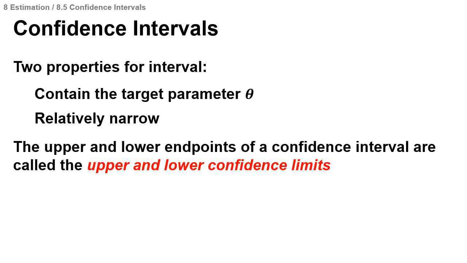Okay, and these are just notations. The upper and lower endpoints of a confidence interval are called the upper and lower confidence limits. So if we have this kind of distribution, and we say this is our confidence interval, then this is the upper confidence limit and this is the lower confidence limit.